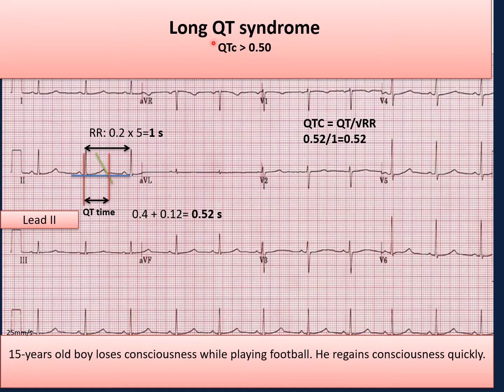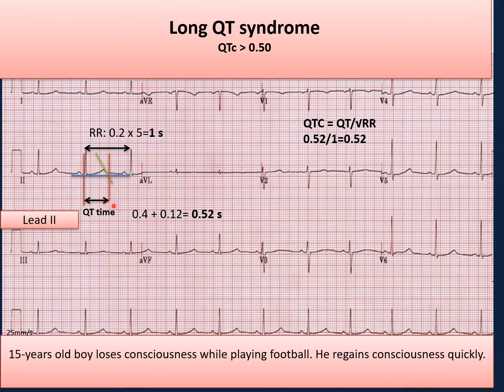Then, if we want to calculate the QT interval, the best place to look is lead 2. You drop one line from the beginning of the Q and another line at the end of the T. Then you extend another line along the downward part of the T wave to the isoelectric line, and this will include the U wave if it's present, to get the exact ending of the T wave.